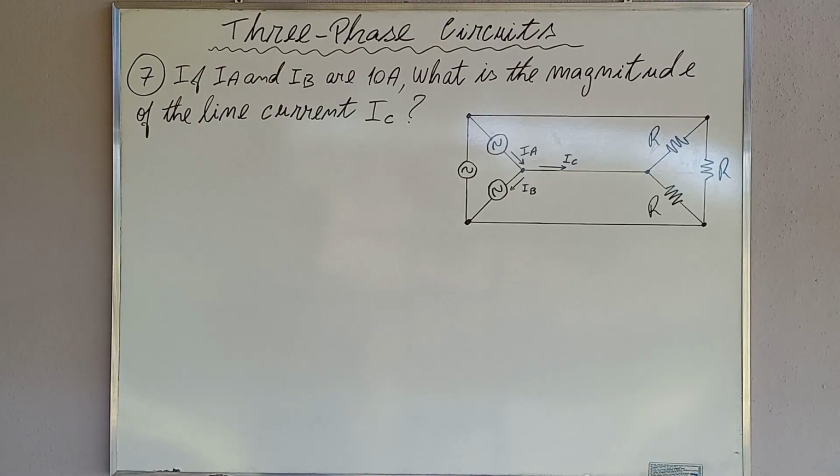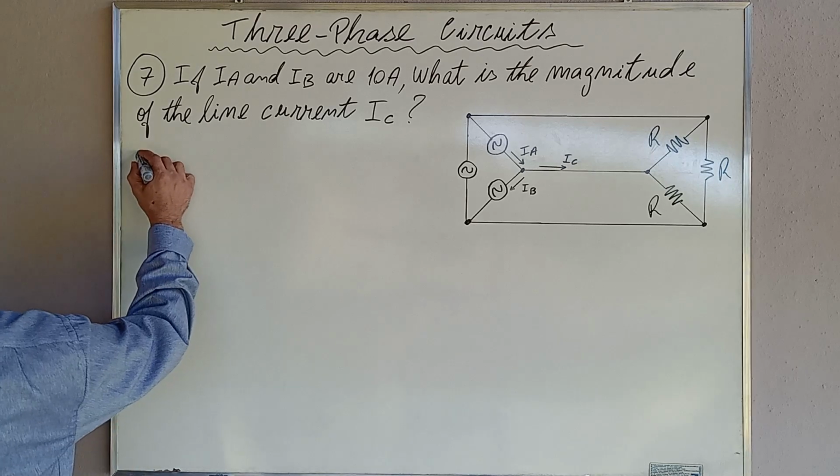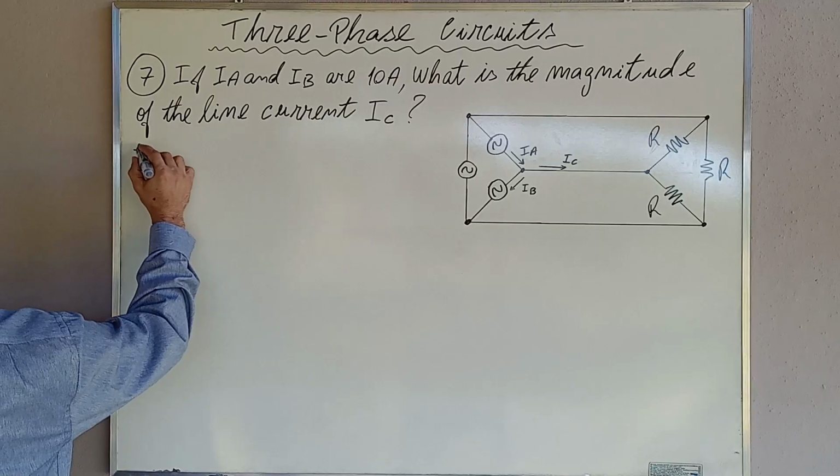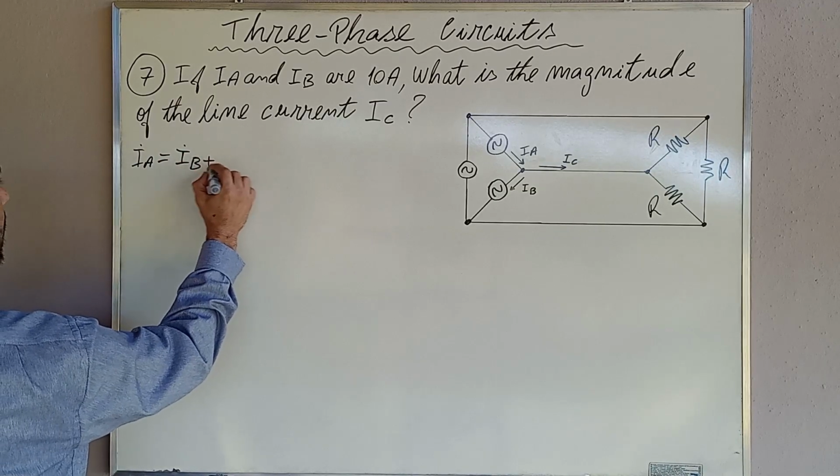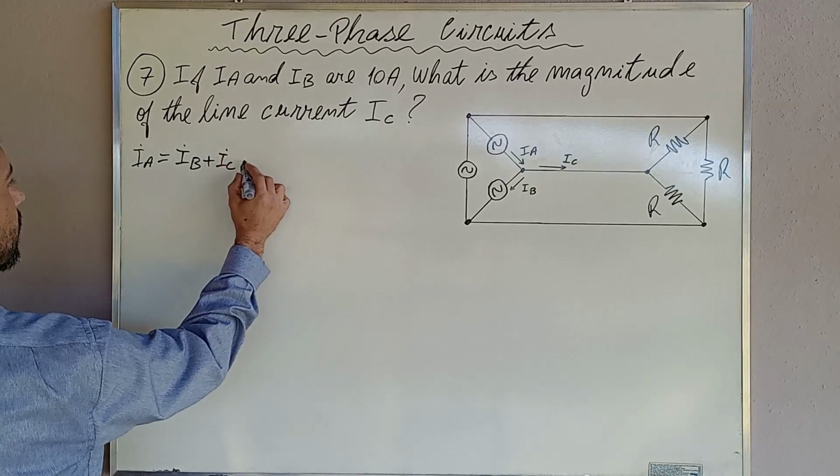The exercise said that both IA and IB are phase currents while IC is a line current. Applying KCL at the node, we obtain that IA is equal to IB plus IC.